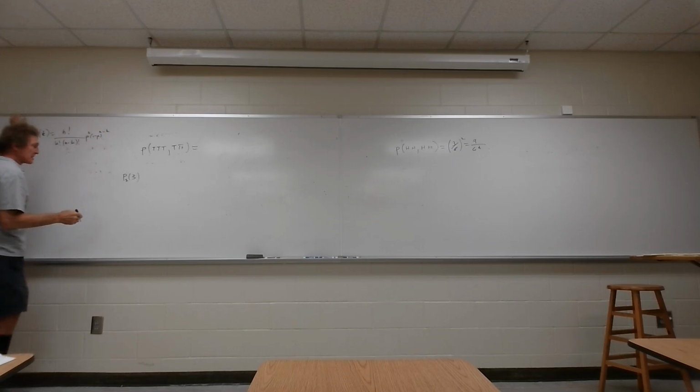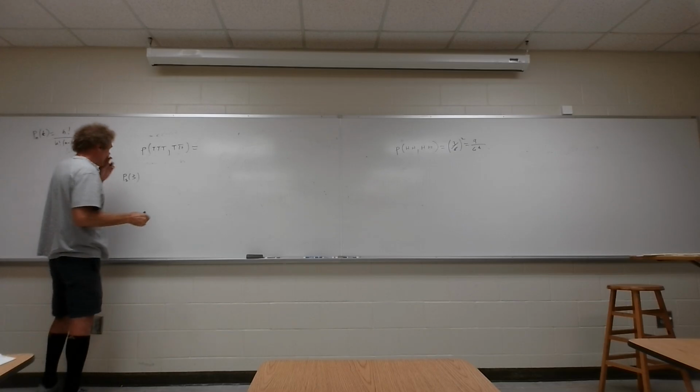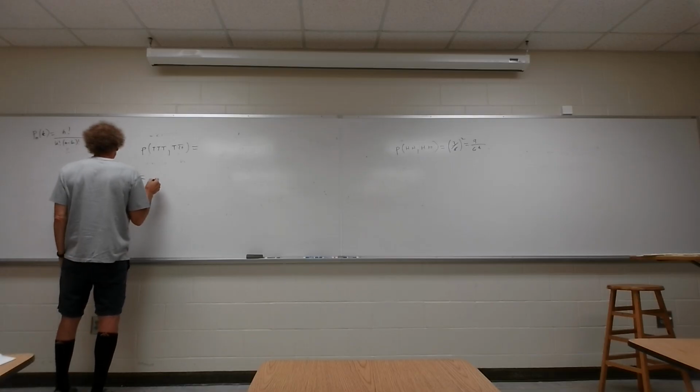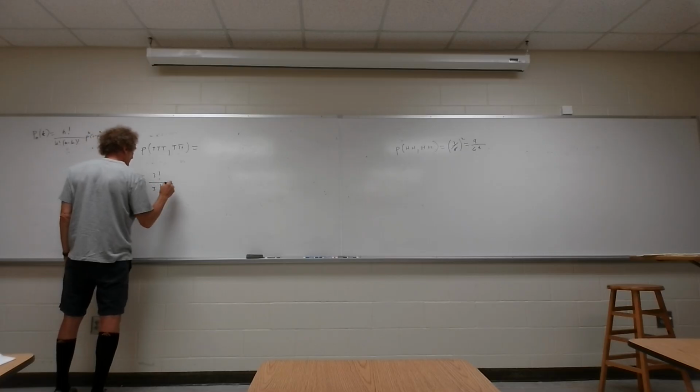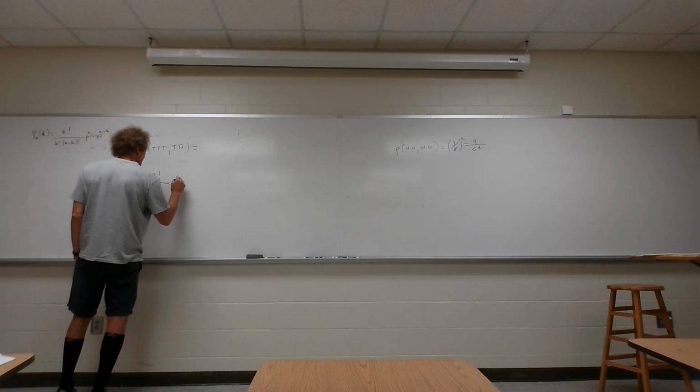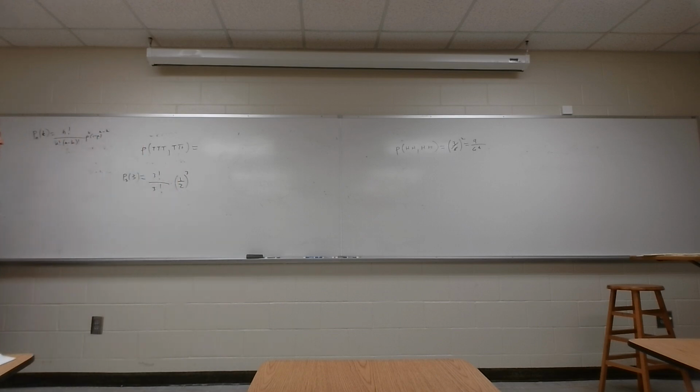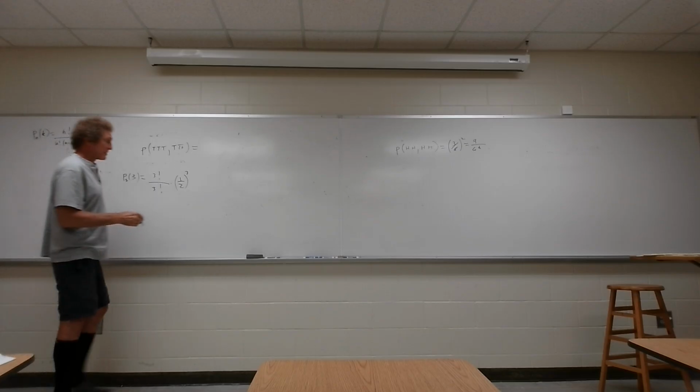If you take a look at this, the probability of getting exactly 3, well, that's going to be 3 factorial over 3 factorial times 1/2, cubed. Make sure you see that. Everybody with me on this class? And that's really going to be just 1/8, correct?